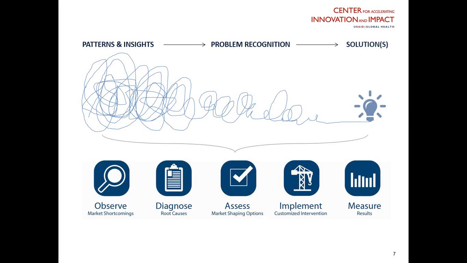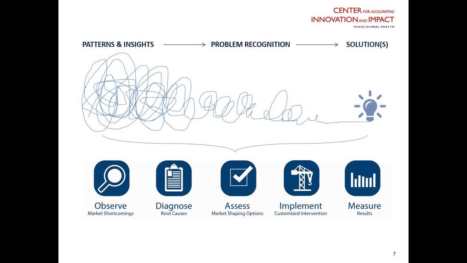3rd, after we understand the root causes, assess our market shaping options. So make sure that we are considering the full range of different possibilities that we could take with market shaping. 4th, implement it in a customized way, and we have some guiding principles that draw on those collective experiences about how to best implement. And then finally, but very importantly, measure the results.